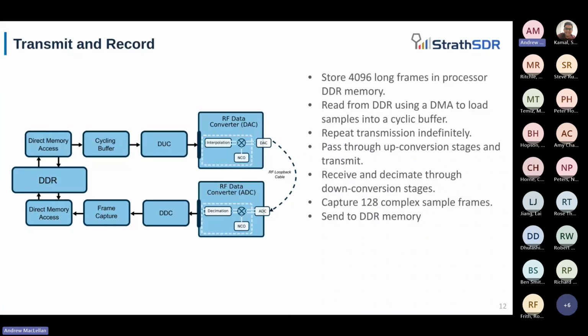We'll then read from the processor DDR via a direct memory access IP and pass that to a cyclic buffer, which will constantly read from these 4,000 samples and send them to the digital conversion stage and then through a DAC, which will be received in loopback at the ADC, then down converted and captured in 128 long complex frames, and then passed back to the DDR. This is how we're going to build our dataset for training the neural network.